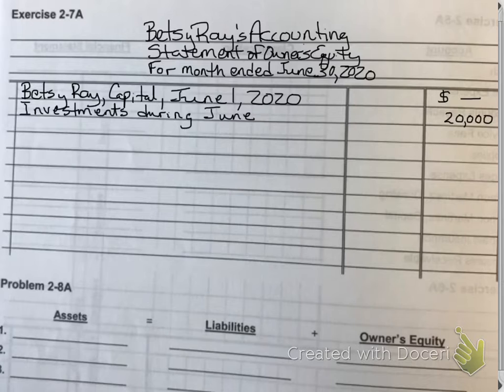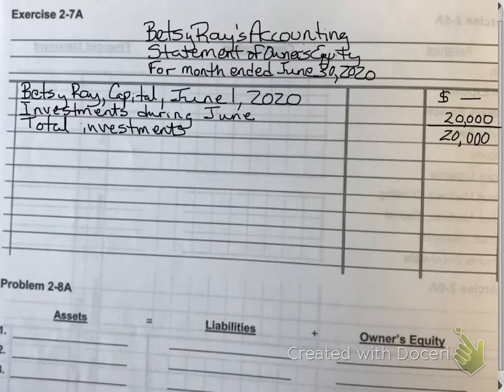Then the following line is total investments, and you add those two amounts together. So it's just 0 plus 20,000. Our total investments are 20,000.